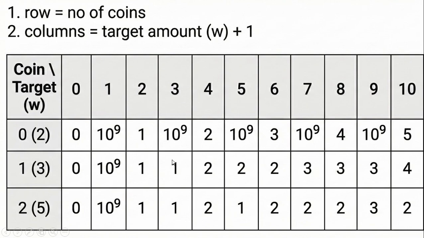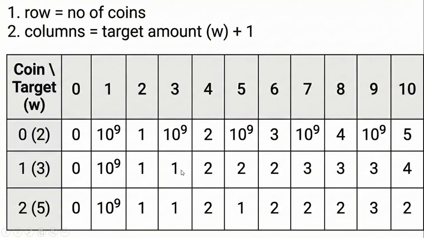Now we have the formula of include: dp row 1, col minus coins row, which column we have 3, minus coins row value 3, which becomes 0, plus 1.